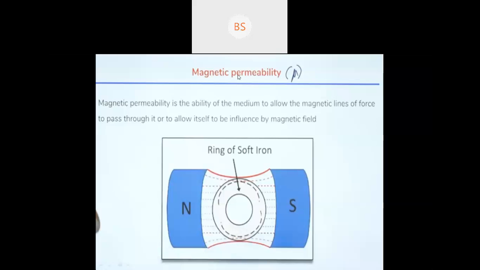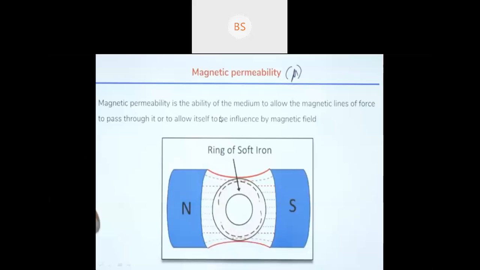That is called permeability, and this is denoted by the letter mu. So clear about magnetic permeability? It is the ability of the medium to allow the magnetic field lines of force to pass through it. So maybe air is the medium, so you can observe the magnetic field lines there.